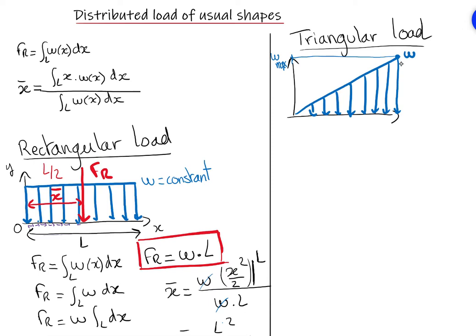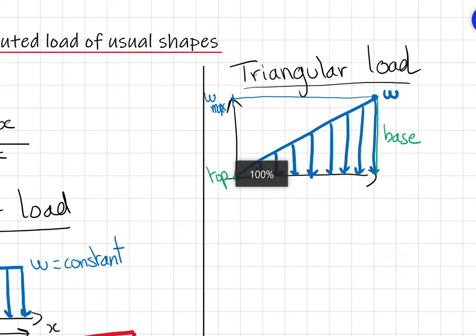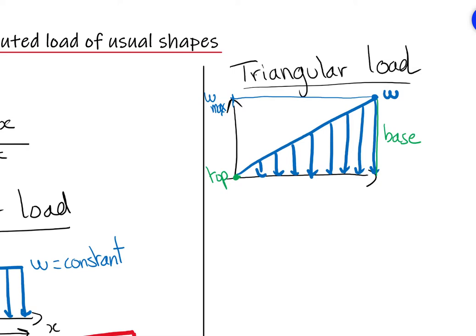This one is the base of the triangle, and this point is the top of the triangle. And what we know also is that this distance, we call that L, and this one is a base, and we call it b.